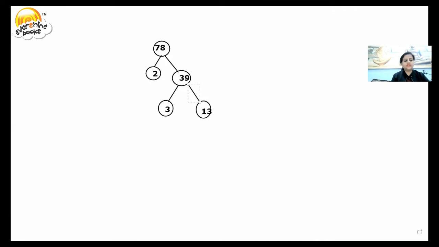So here is the tree factorization. In that we will write first of all in a circle 78. Then we will do division with 2. So 2 3s are 6 and 2 9s are 18. Answer will come 39. And then we see that it can be divided by 3.